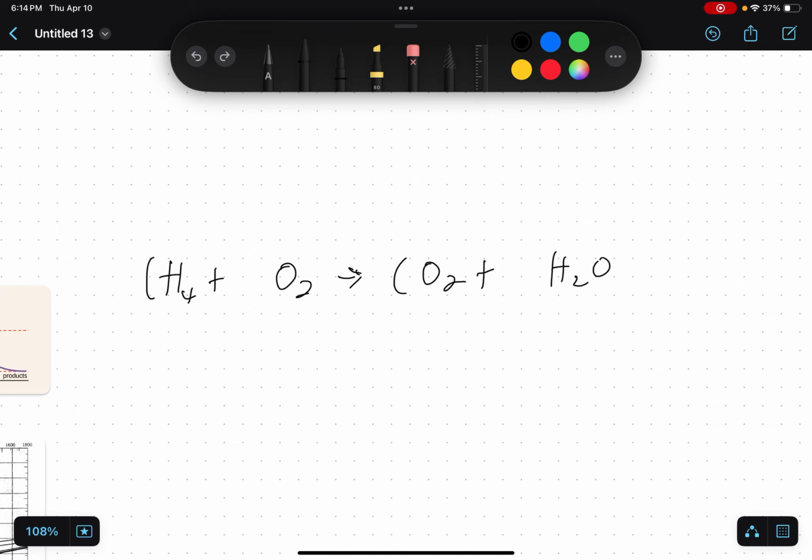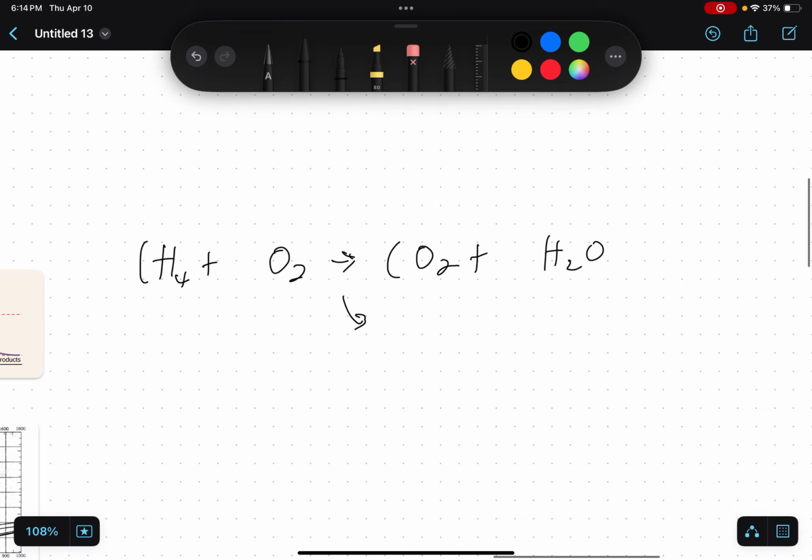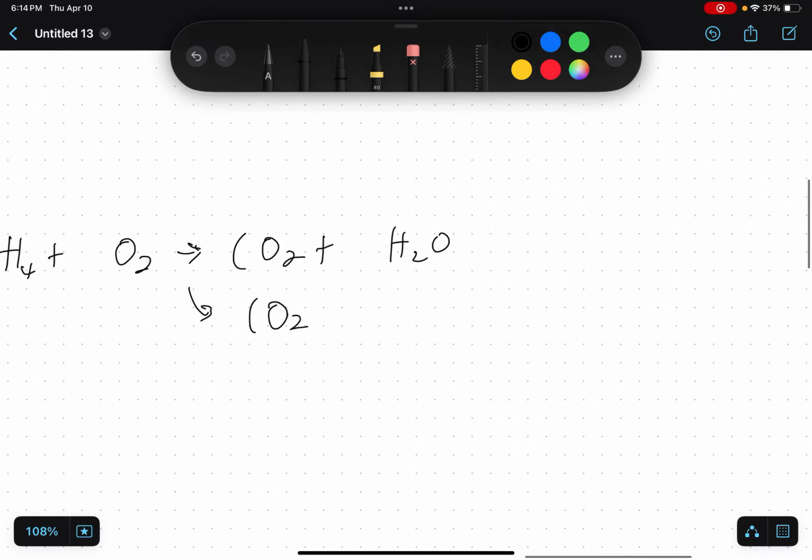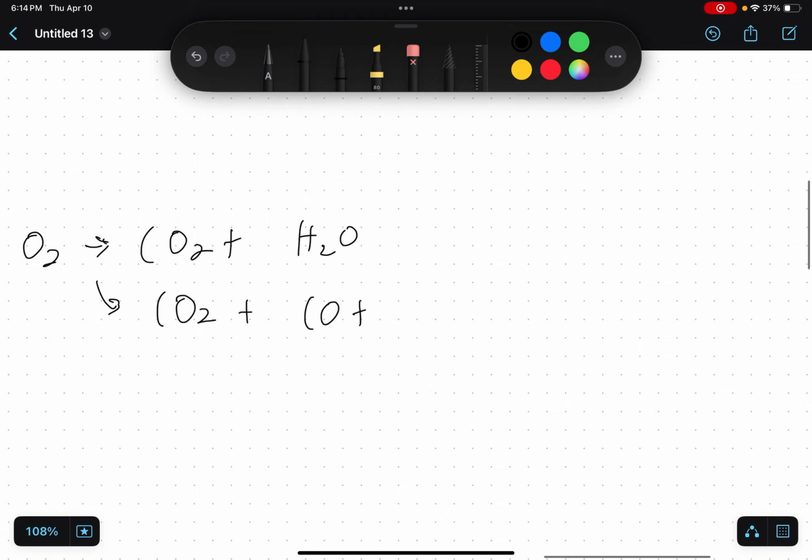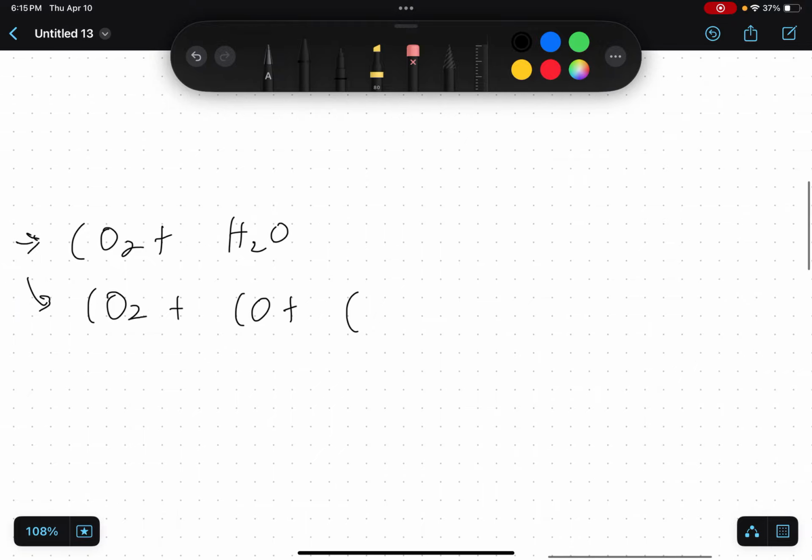But if it's not complete combustion, which the world is never complete combustion, it will go into more things. And it'll go into more than what I'm going to write, but what I'm going to write is just a small example. So some of it could go into CO2. Some of it could go into CO. Some of it could go into just C, so carbon, which is the black stuff that you get on your finger if you put it above a candle.